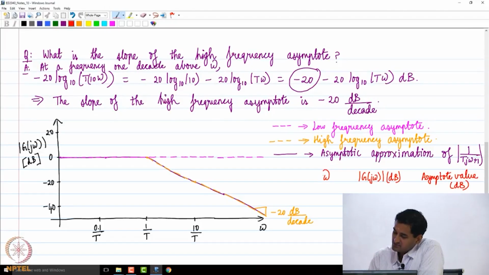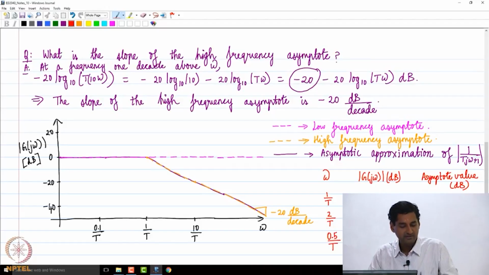What I want you to do is please calculate at 1 by T, 2 by T, and 0.5 by T. Please calculate these 3 values and let me know. Can you do that please?